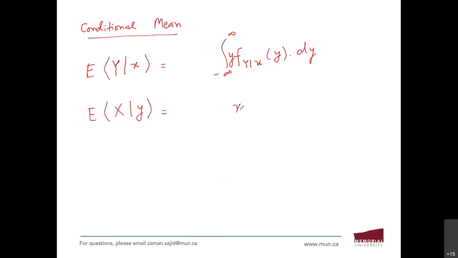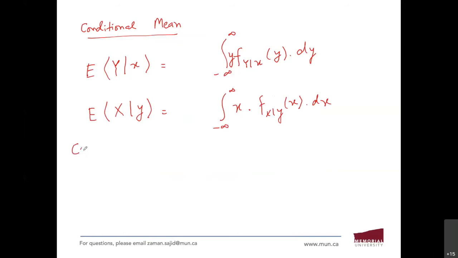This one should be x times the conditional probability density function f of x given y, and then we integrate from minus infinity to plus infinity.